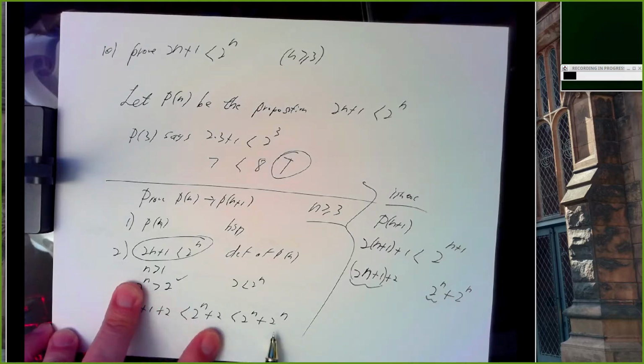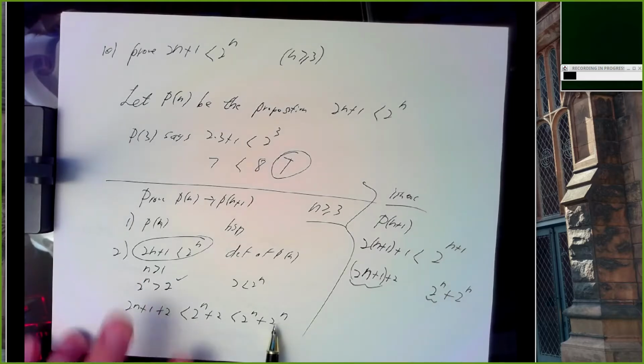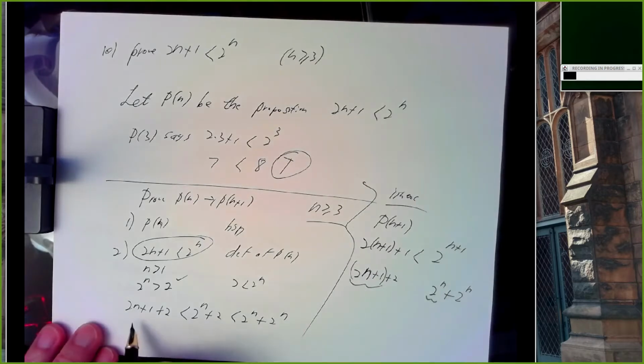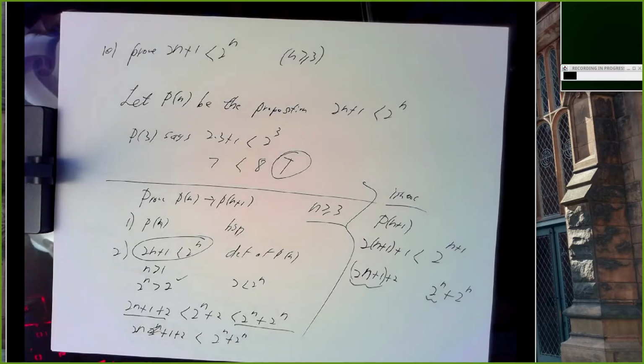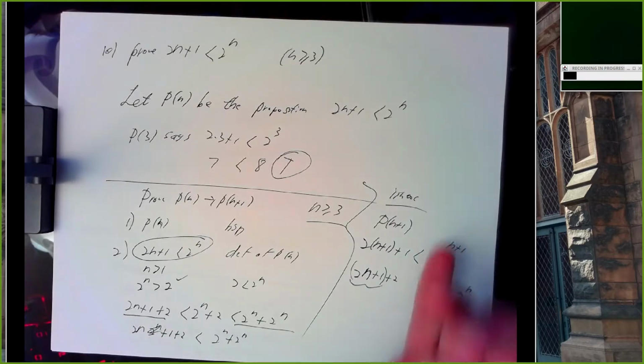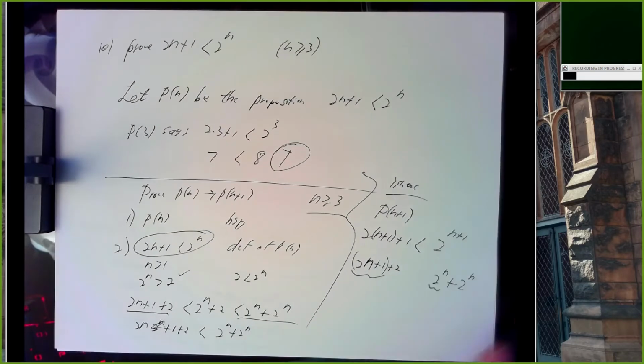Because I'm adding something smaller here and something bigger here. And inequalities are transitive, so this tells me that this is smaller than that. Sorry, this is 2 times n plus 1 plus 2 is less than 2 to the n plus 2 to the n. And now you just kind of reverse what you did on your mental scratch paper.